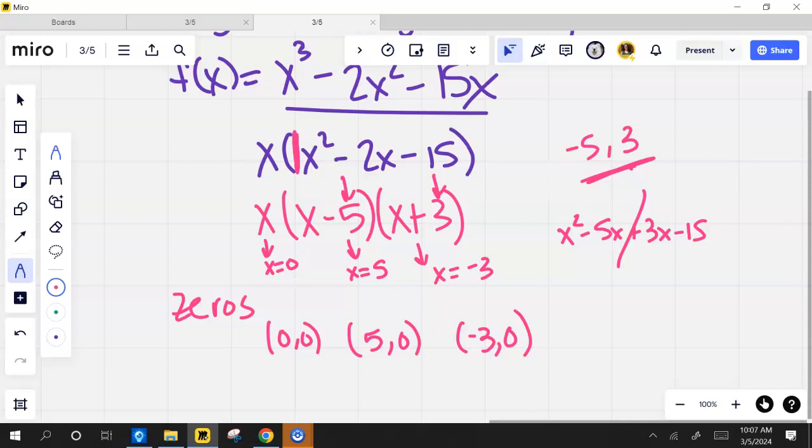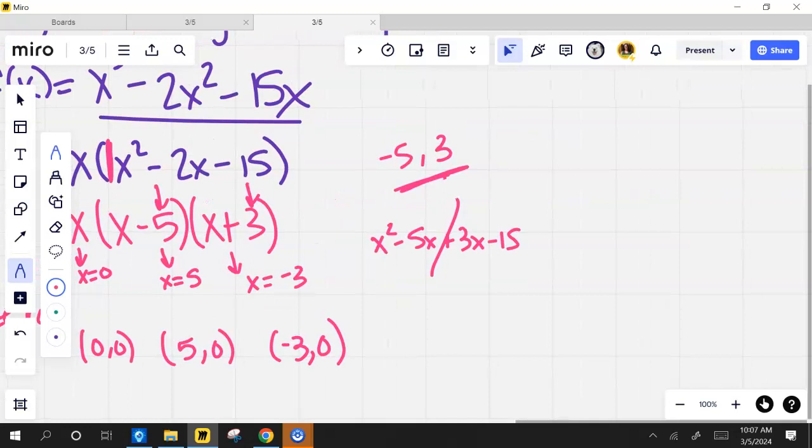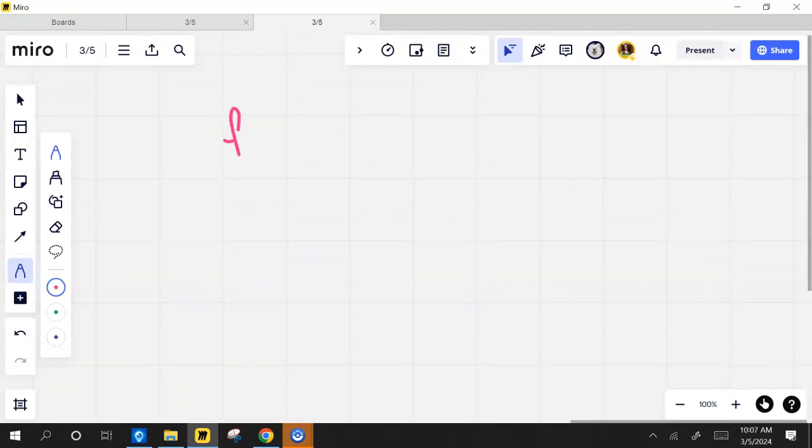So I show you this for a particular reason. And the reason is, what if I had something that looked like this?